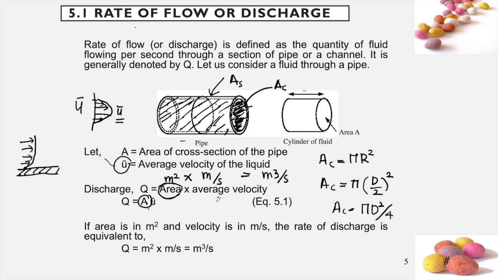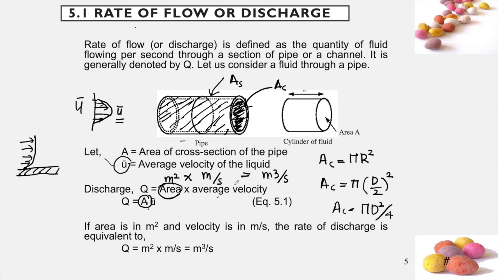The question will never say average velocity; it will state that the velocity of a fluid in a pipe is 2 meters per second, for example.